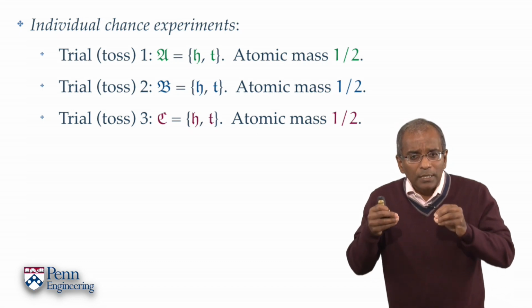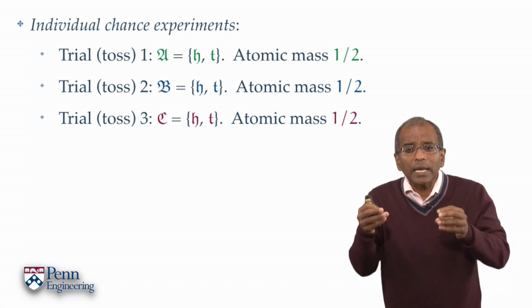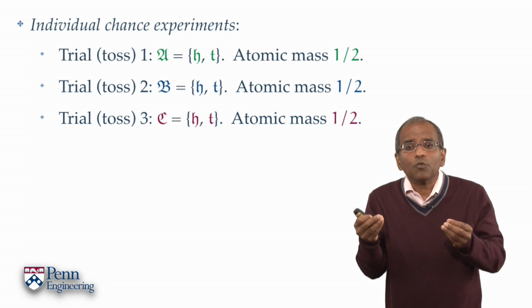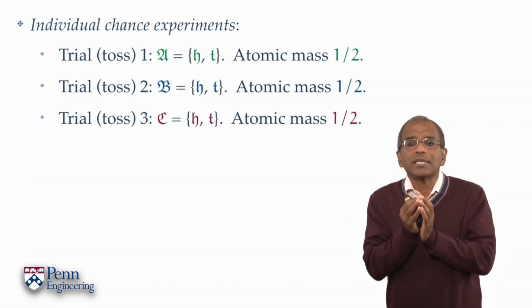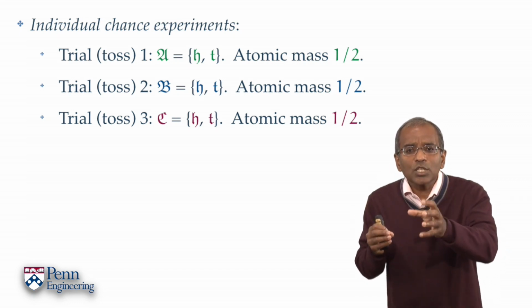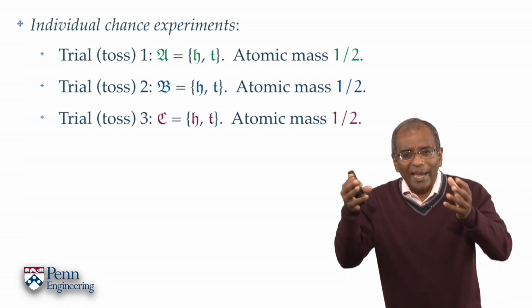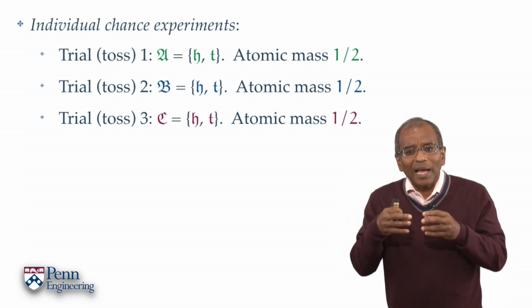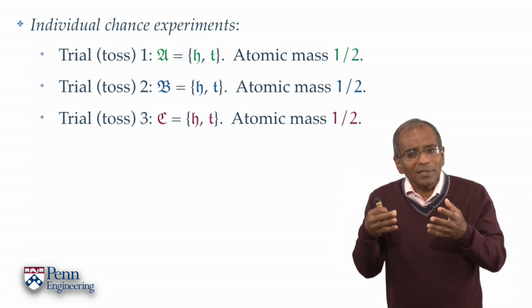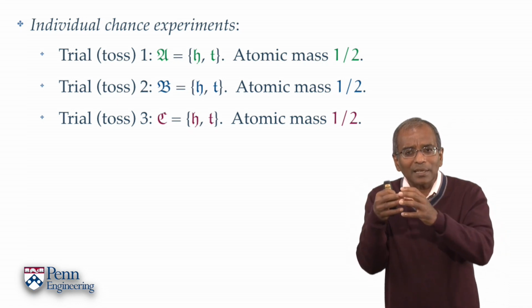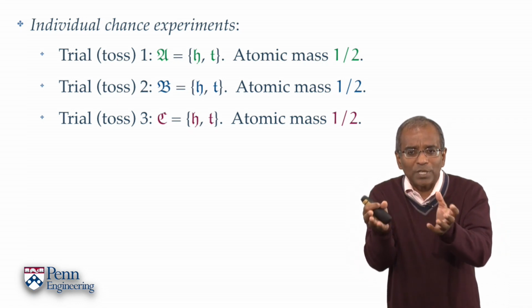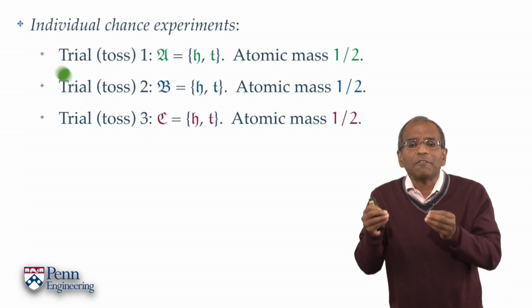In other words, the first trial results in an element from an alphabet of 2 possibilities, heads and tails. Let's call this alphabet Gothic A, and let's color code it green, just to keep in mind that green, for our purposes for this slide, represents the first trial.